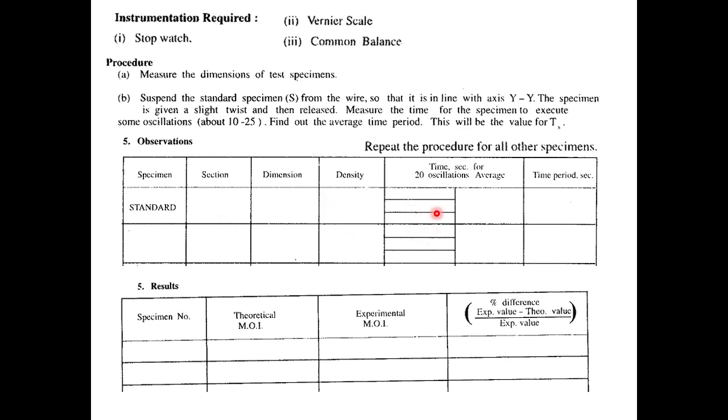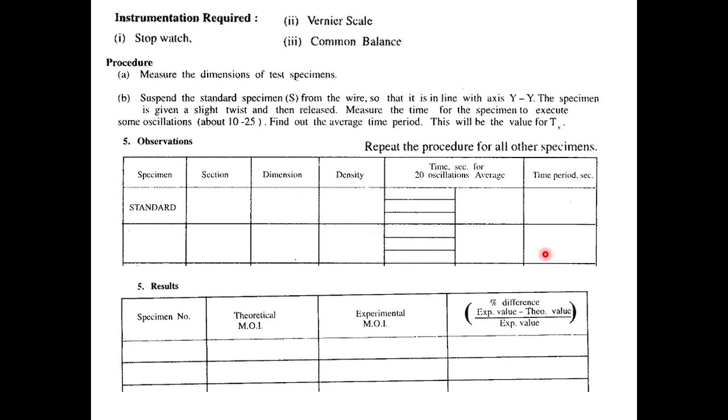And we observe for a certain number of oscillations. Here it is written for 20 oscillations. You note the time, and then we will take the average of this. Again, this thing you should carry out 2 or 3 times, to check whether there is uniformity in this observation. Okay.